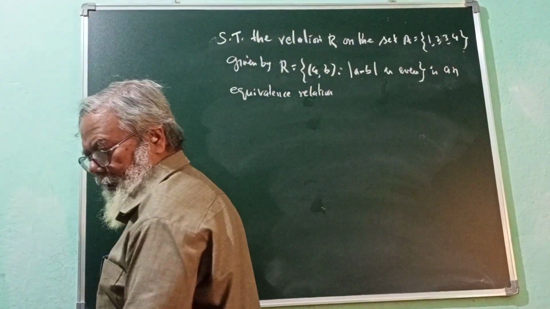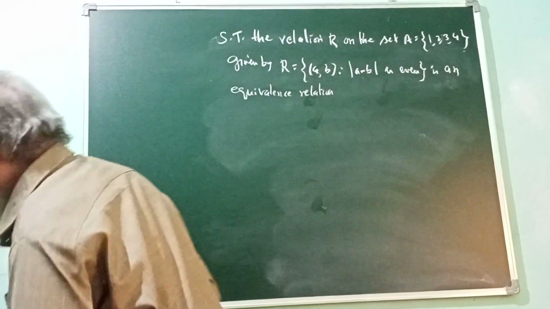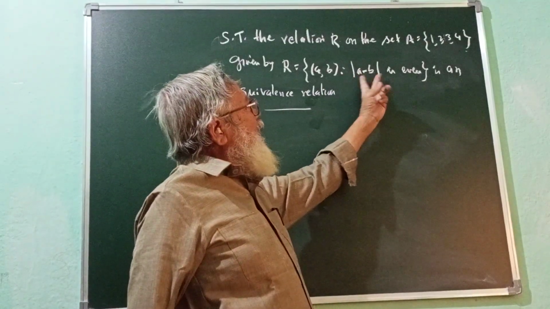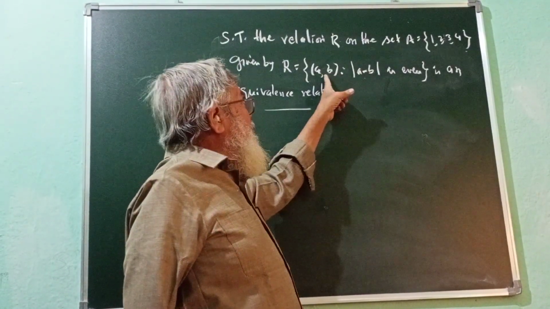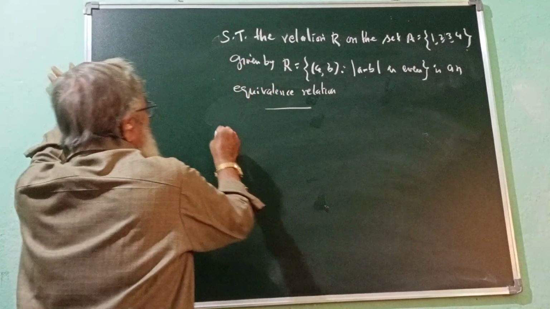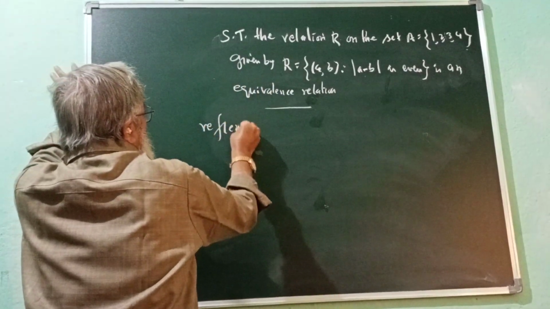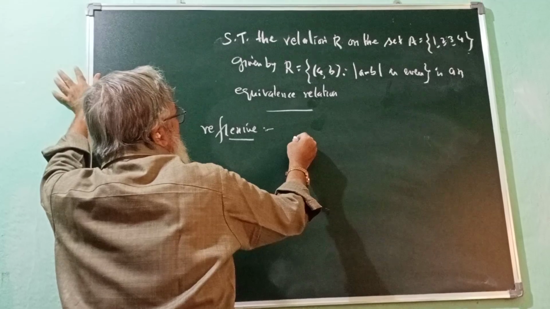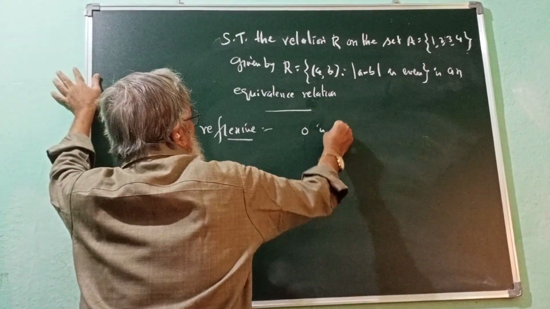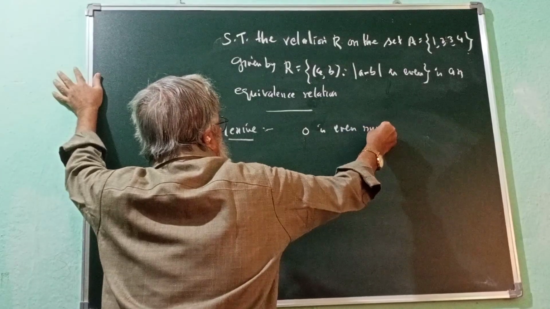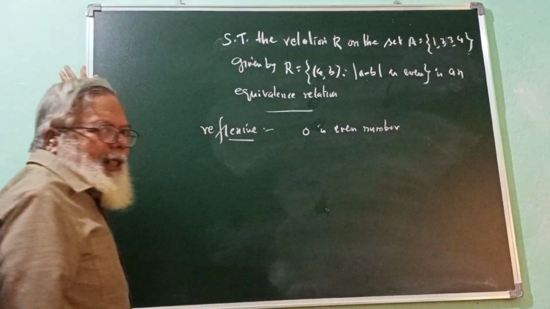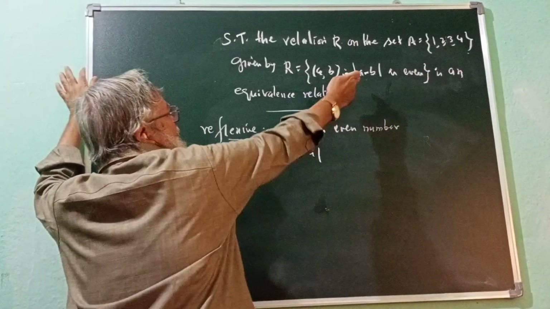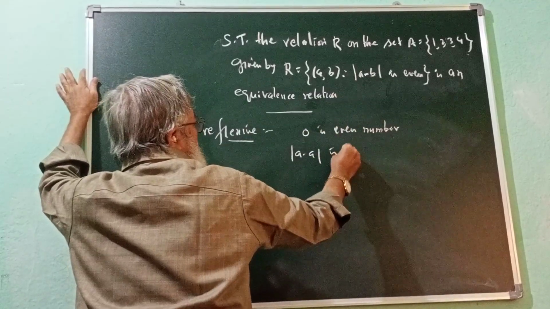Now let us check for reflexive, symmetric and transitive. If the mod of two numbers a minus b is an even number, then the ordered pair (a, b) will be in R. For reflexive, 0 is an even number. 0 is always taken as an even number, we know that. 0 can be written as mod of a minus a, which is an even number.